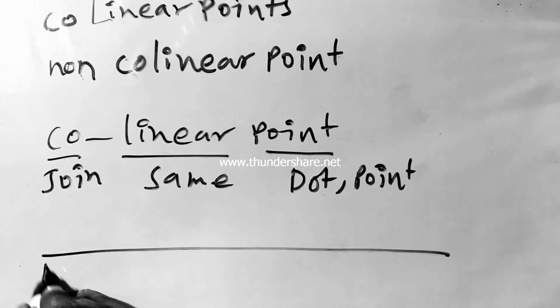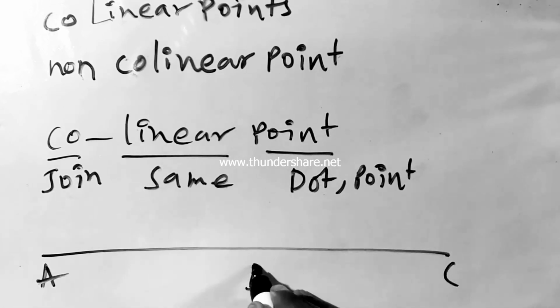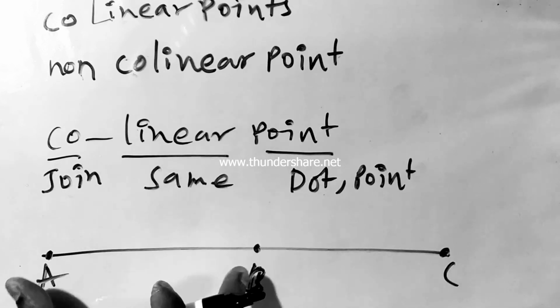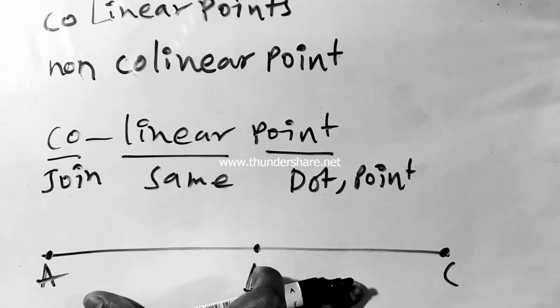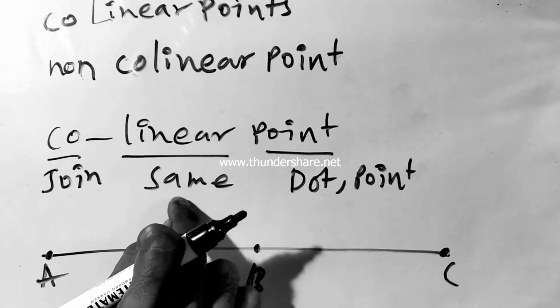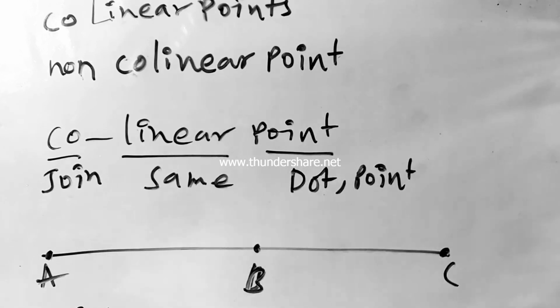So this is a line with A, B, C. These are three points joining the line, so they are on the same line. So A, B, C are collinear because the points A, B, C are on the same line.